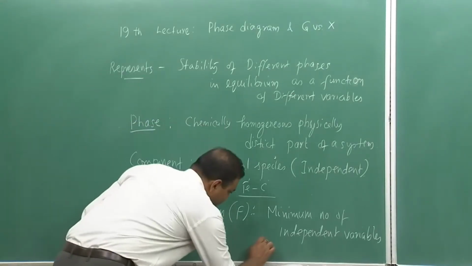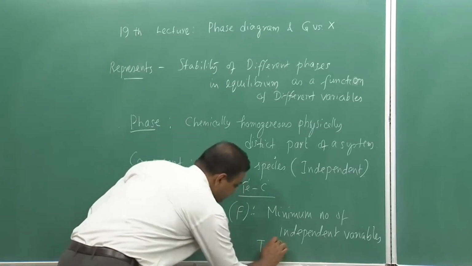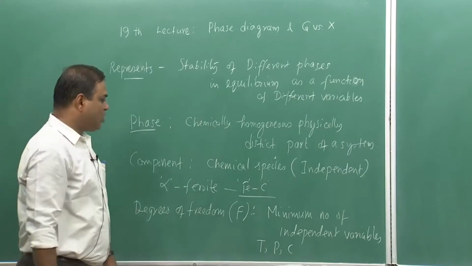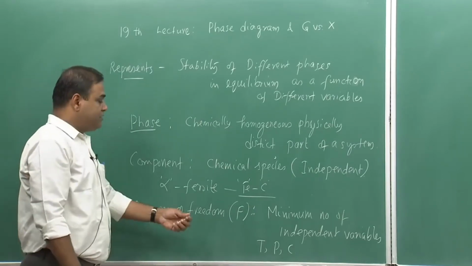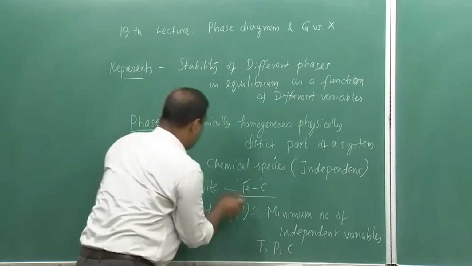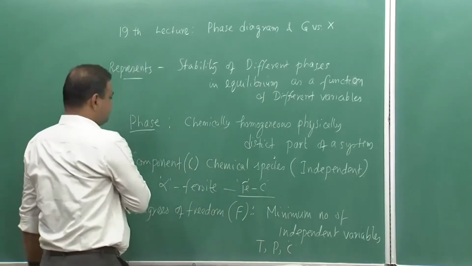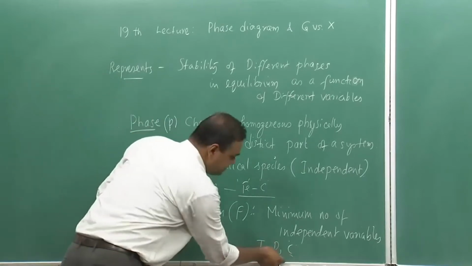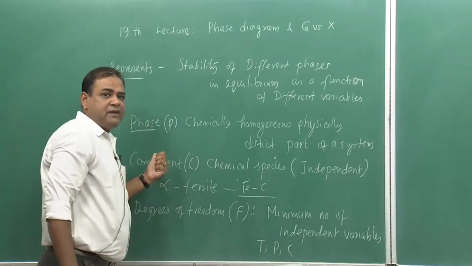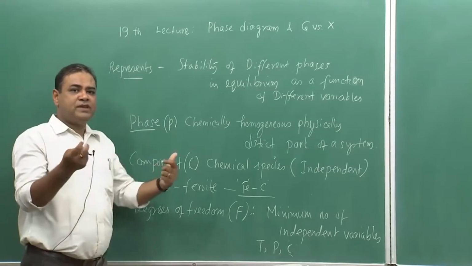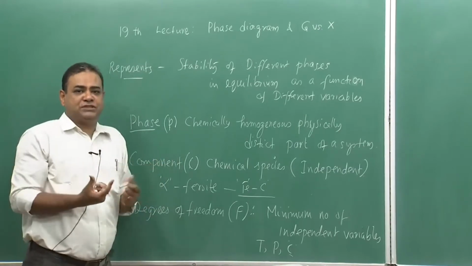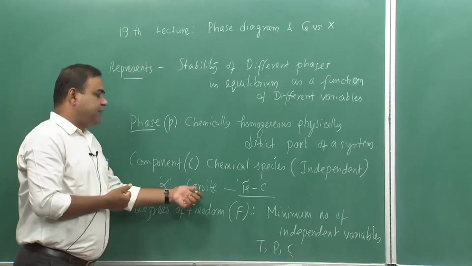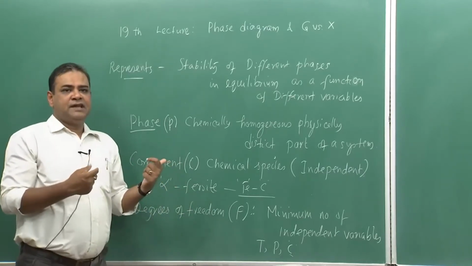And here those variables are either temperature, pressure, composition. This C is basically the composition, or we can, C is basically the component. So, here we consider in this form, this is P and this is F, and this C is basically the component, and the components we can mix together and form different compositions. For example, iron carbon system, this ferrite can exist in a different compositions.